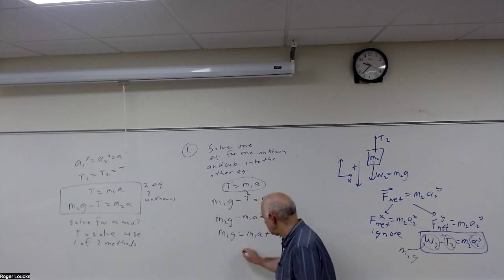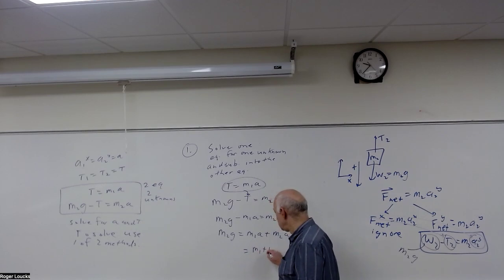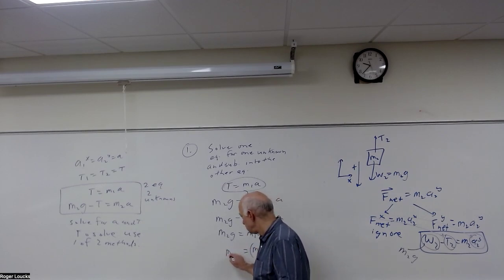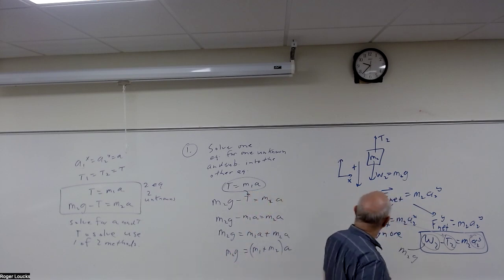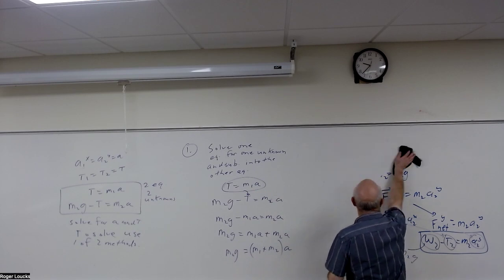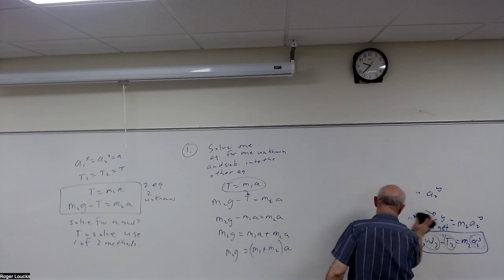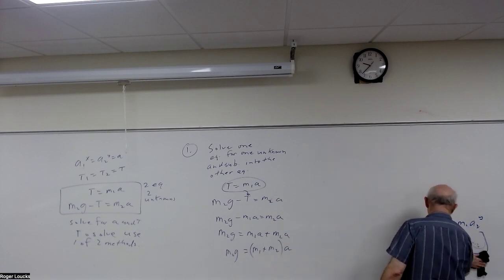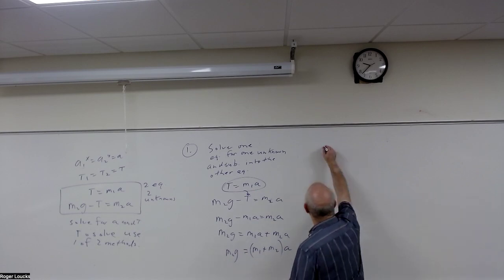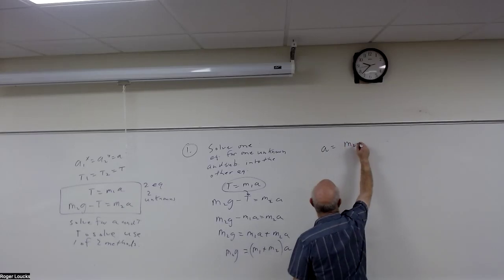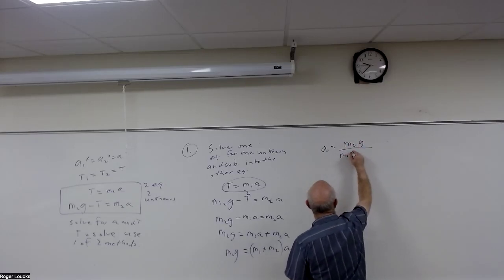I factor out the A, and then I divide through by that factor. This tells me the acceleration is this.